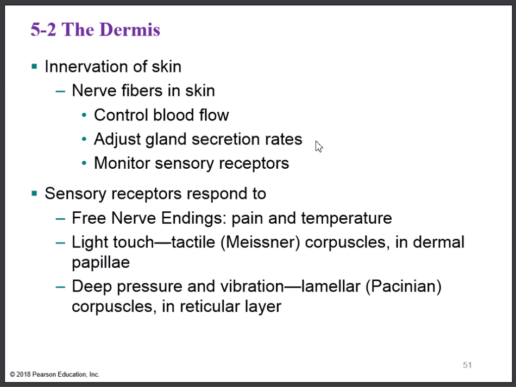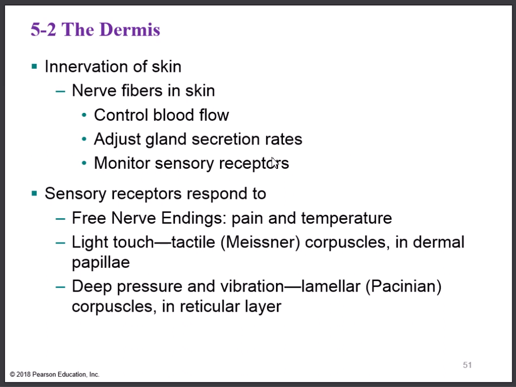We'll get more into that in part 4 of our lesson, the different types of glands. So these nerves will turn on certain glands, and, which we had said in part 1 of our lesson, the nervous system also monitors the sensory receptors. We had the different receptors in the skin that are connected to nerves, and those nerves bring the information to the brain and spinal cord so that we can have it interpreted.